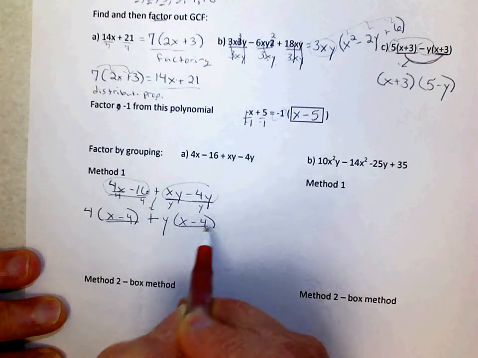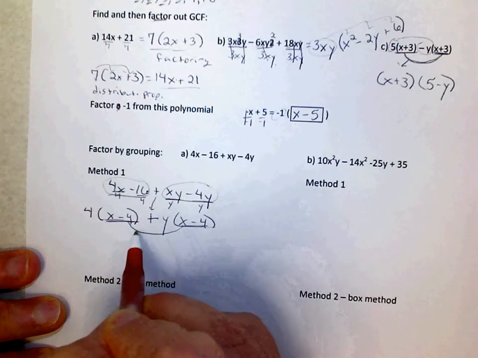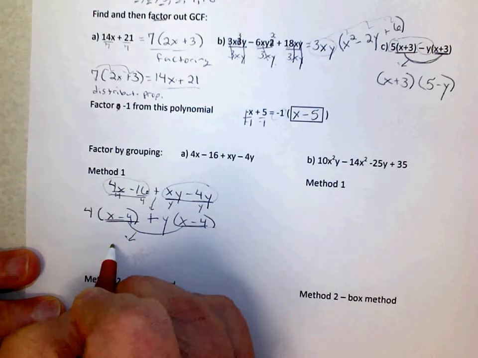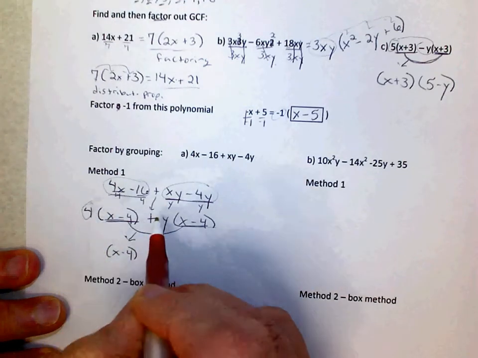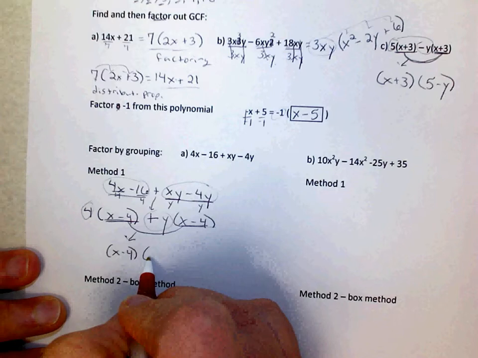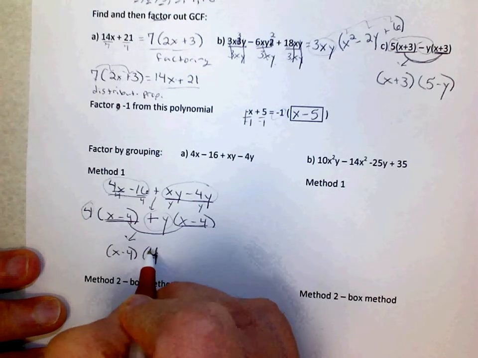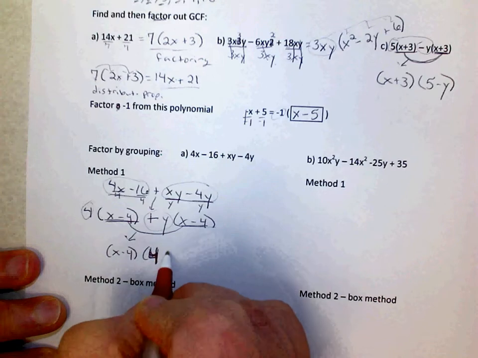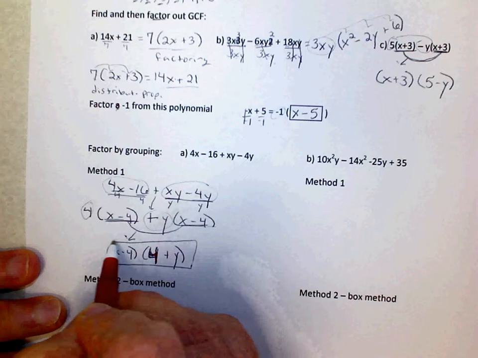You find what's alike, that makes it happy. It spits it out one time, so x minus 4. And what's left is 4, and then plus y. And I have just factored by grouping.